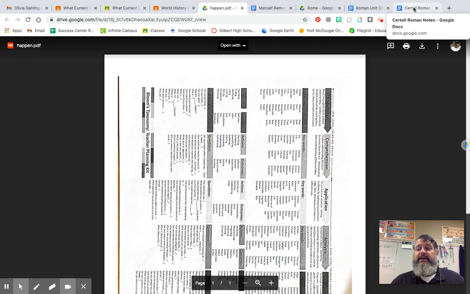There are at least 3 big periods that we look at. We look at Rome as a kingdom where they had a king. You had royalty where leadership is passed from father to son. The next period was the Republic. The Republic was created because they really wanted more equality among people.